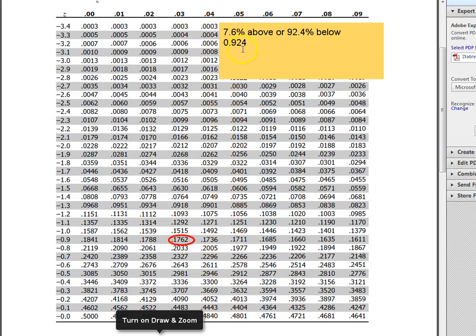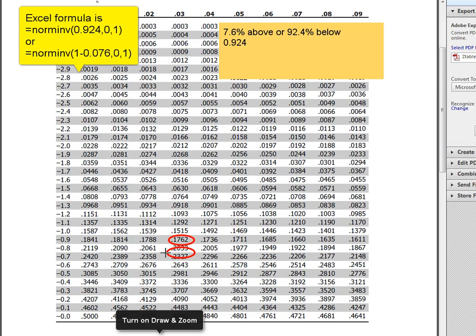And so the number that we want to find is 0.924. The number that's closest to this is 0.9236. So that's approximately the closest number on this table. So we're going to reach out that row to 1.4 and then reach up the column to our second decimal place of 0.03. So the z-score that we're looking for for this upper percentile is 1.43.